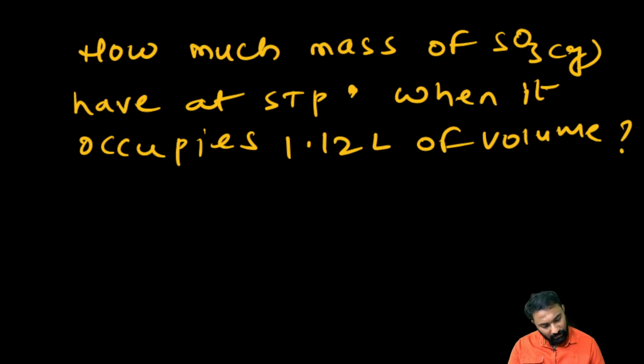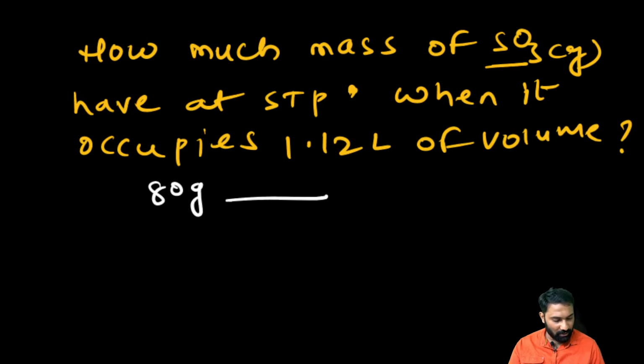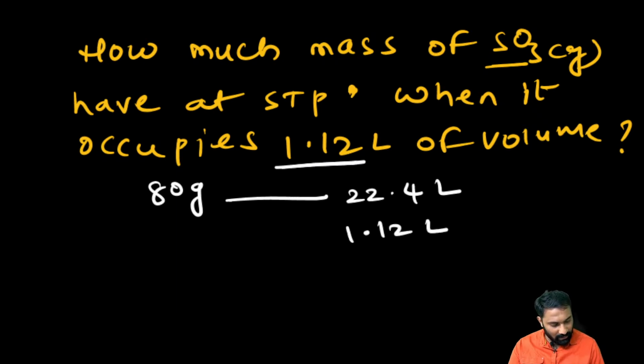See, 1 mole of SO3 contains 32 plus 48, right? 1 mole of SO3 is 80 grams. So 80 gram of SO3 occupies 22.4 liter. Then 1.12 liter of volume occupied by the SO3 gas has how much weight?